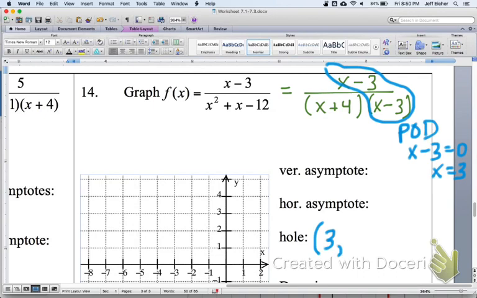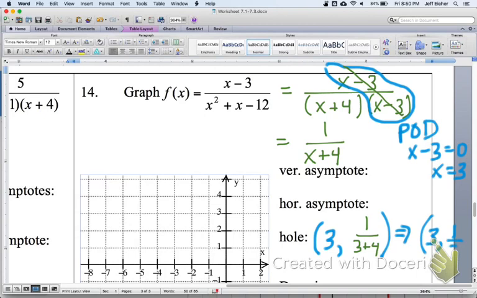To find the y-coordinate, we would divide these out, and we're left with the simplified version, 1 over x plus 4. We would put that 3 into that, so we'd have 1 over 3 plus 4, which would give us the coordinate 3 comma 1/7. Hope you can see that 1 right there.